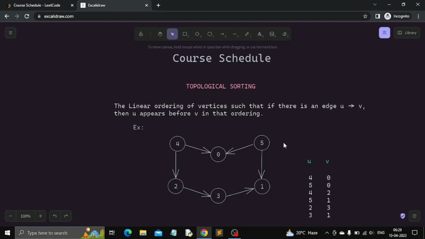So as you can see, we are having 6 vertices and we have mentioned all the directed edges here. Now we need to determine the topological sorted ordering of these vertices.